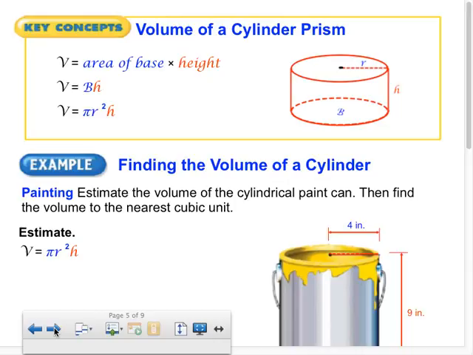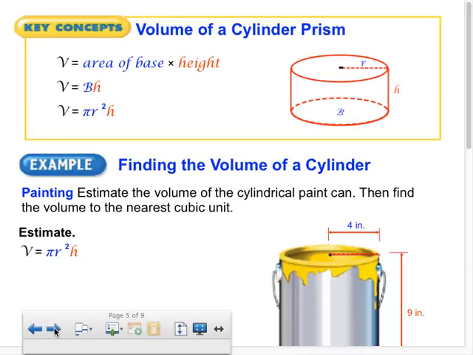So this has to be at least the circumference of the circle in order for us to close up the sides. So I have a top and a bottom, that's a circle. The rectangle that makes the side has to be at least the distance around the circle, which is the circumference, in order for it to work.